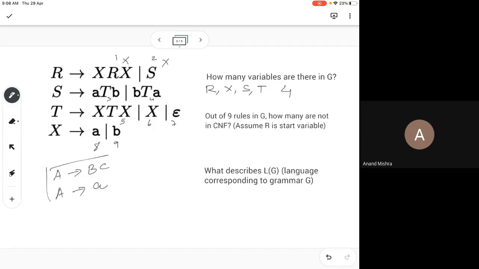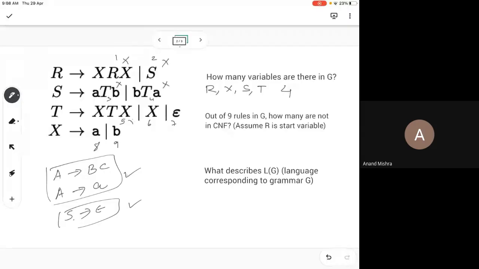Only these two are allowed, and additionally, this one is also allowed, where S is the start symbol. 5 is not allowed. 6 is also not allowed. 7 is also not allowed. 8 is fine. 9 is also fine. So 7 are not in CNF.